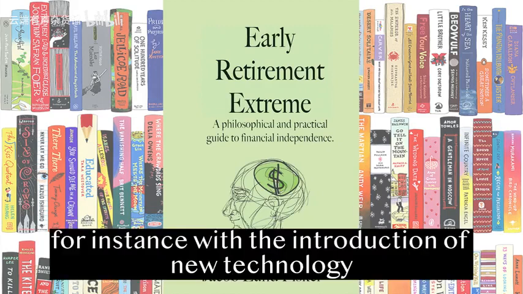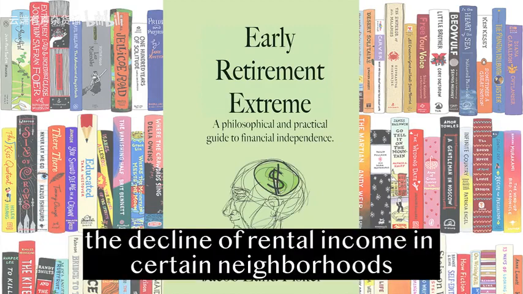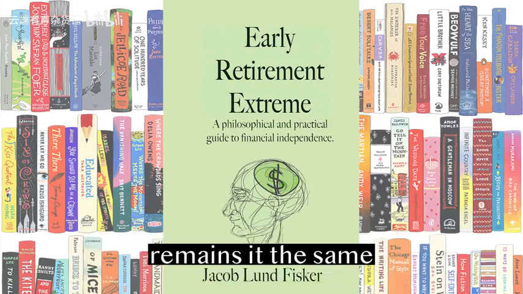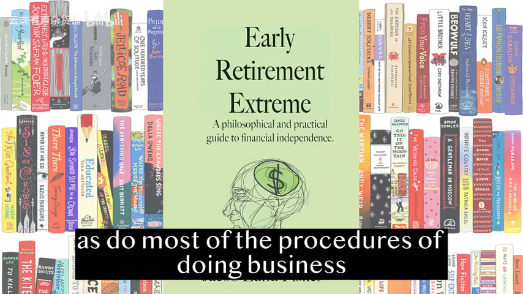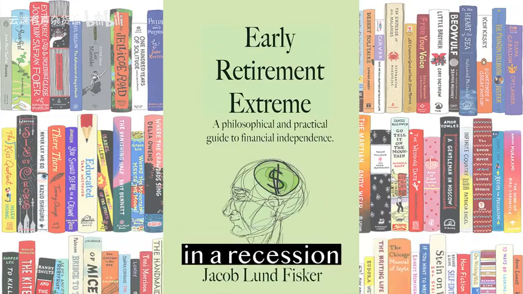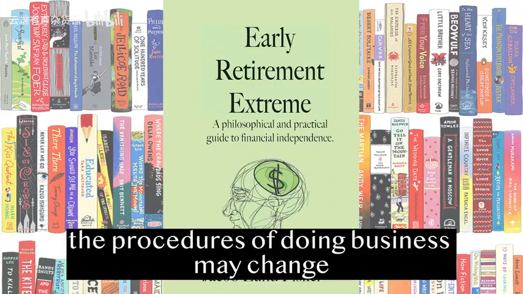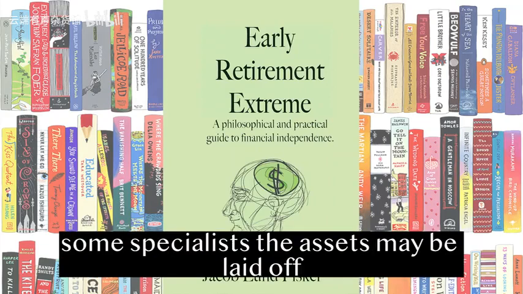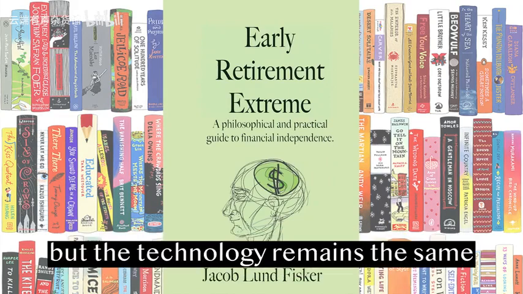For instance, with the introduction of new technology or the decline of rental income in certain neighborhoods, the structural knowledge of the businessman remains the same, as do most of the procedures of doing business. Only the assets are replaced. In a recession, the procedures of doing business may change. Some specialists, the assets, may be laid off, but the technology remains the same.